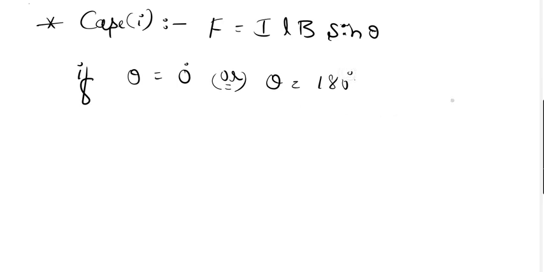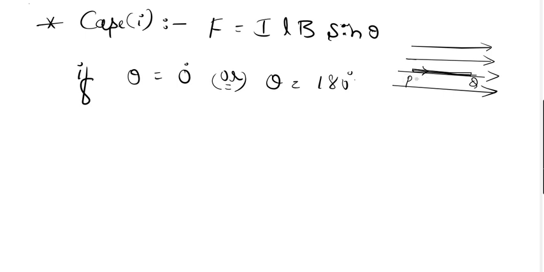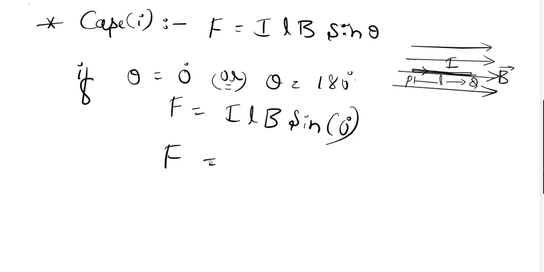I have said that the magnetic field is in this direction. If you place the wire in this direction, P and Q having the length L, with the direction of the current I and the direction of the magnetic field B bar, then F is equal to I L B sine 0 degree. So what is the condition here?